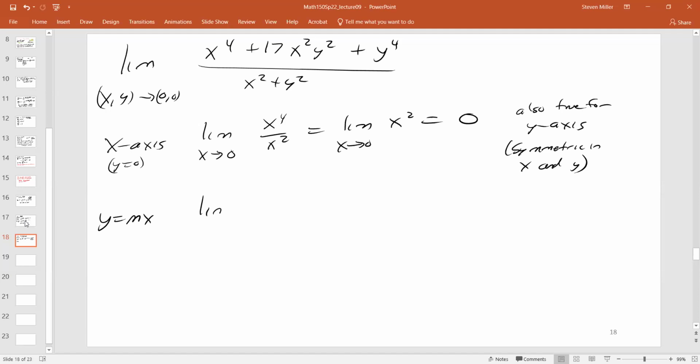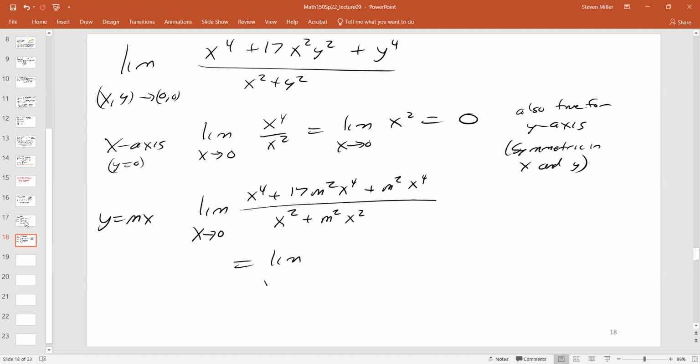So then I would have the limit as x goes to 0 of x to the fourth plus 17 m squared x to the fourth plus m to the fourth x to the fourth, all divided by x squared plus m squared x squared.